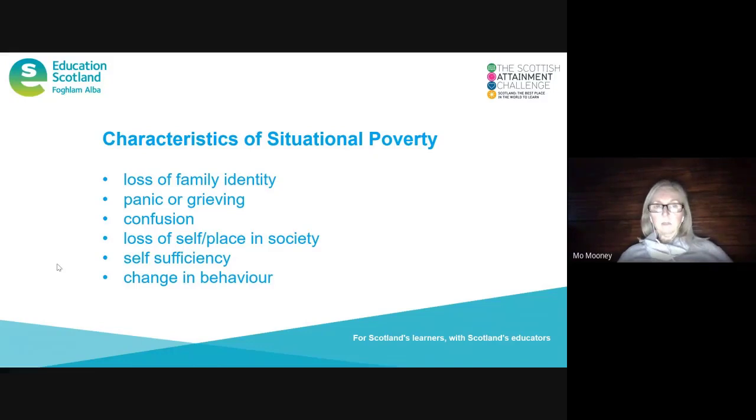The lack of experience of not being able to pay bills or buy food or buy the basics can lead to a panic and a grieving for the life that the family used to have. There's often confusion over what bills to pay first, what to do next, how to access the system. It's often frightening new territory, and it can be extremely stressful for families.